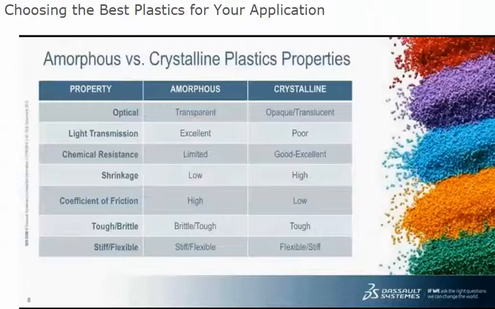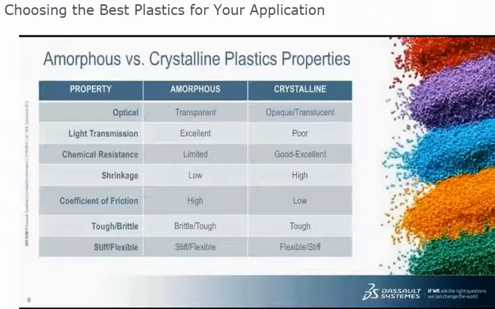And depending on the amorphous material, you can get optical properties which approach that of glass, for example. Whereas crystalline materials, usually the best optical properties they will ever achieve is opaque or translucent, again at best.